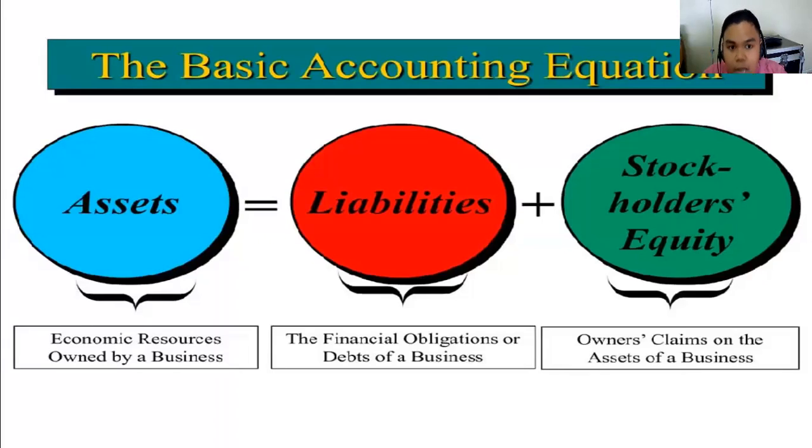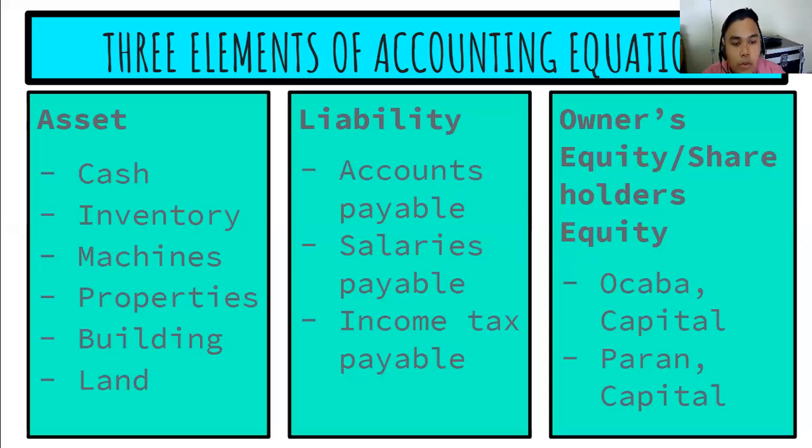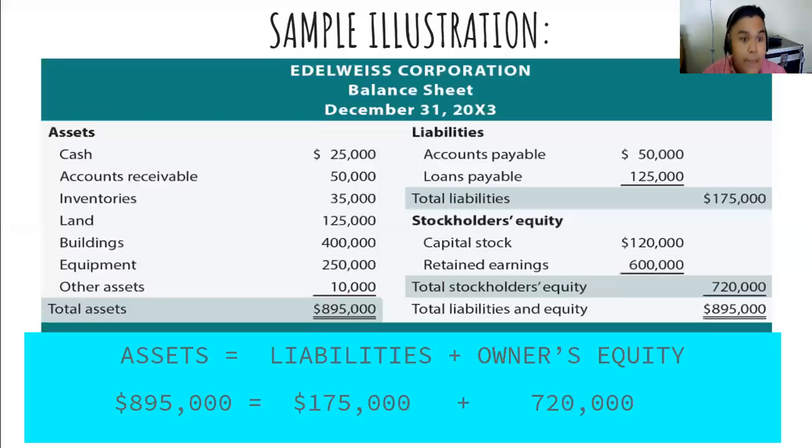So we will just follow this basic accounting equation. These are the elements, with examples of each: asset, liability, and owner's or shareholders' equity. This is just to name a few examples for each type of element.